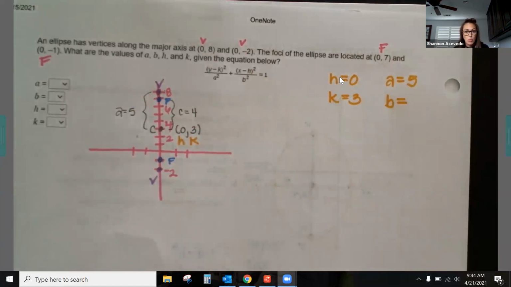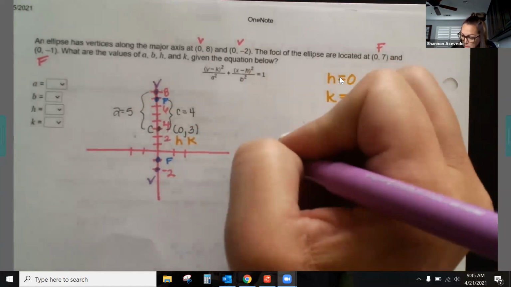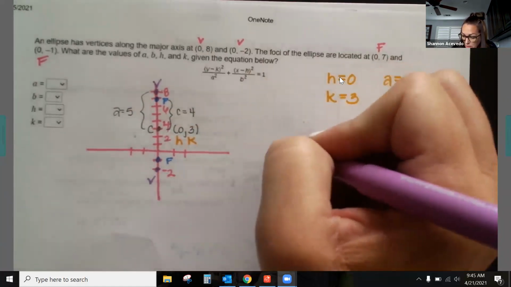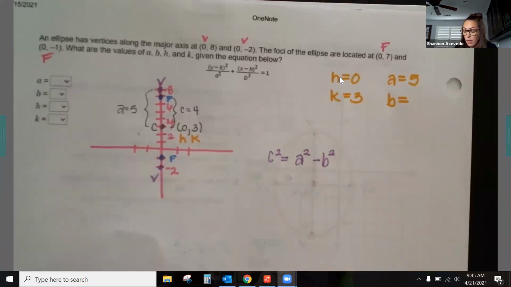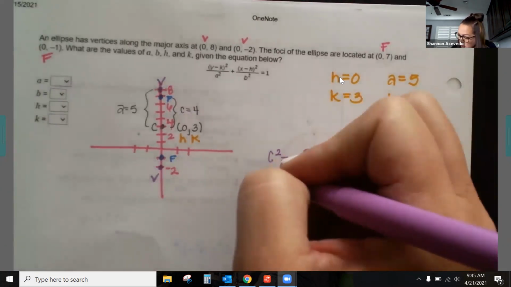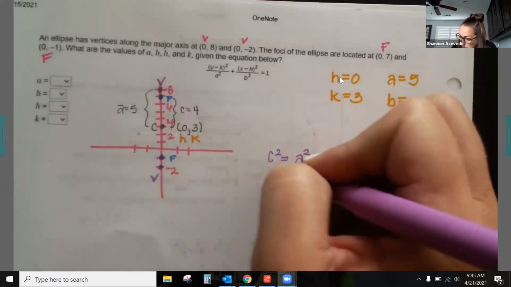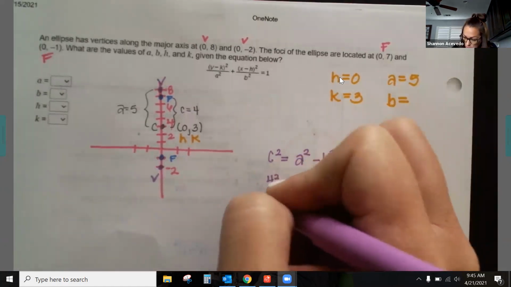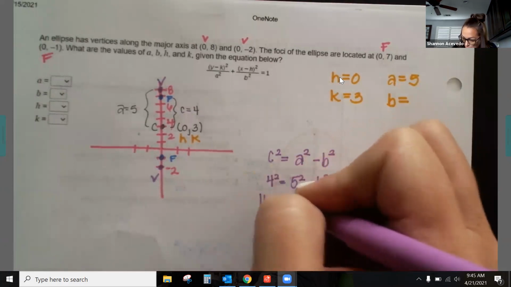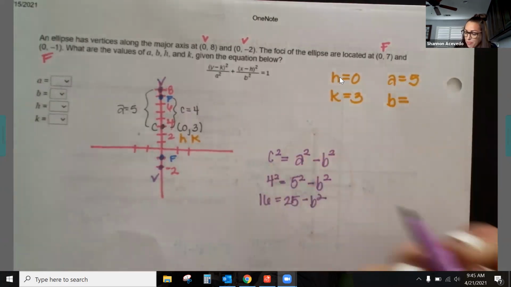But what we do know is that C squared is equal to A squared minus B squared. We've come to this formula every problem so far. I know my A, I know my C, so I can find that unknown B. In other words, 4 squared is equal to 5 squared minus B squared. So 16 is equal to 25 minus B squared.